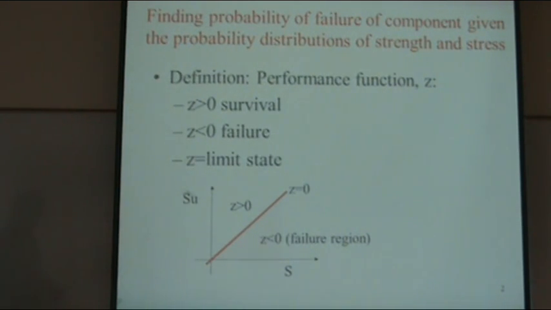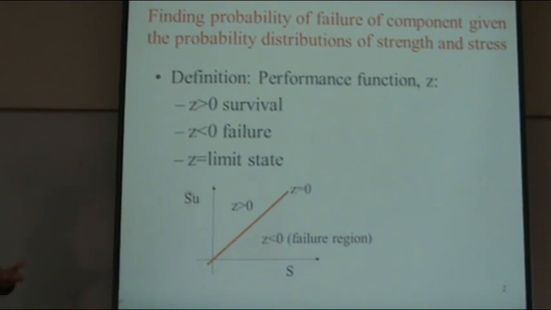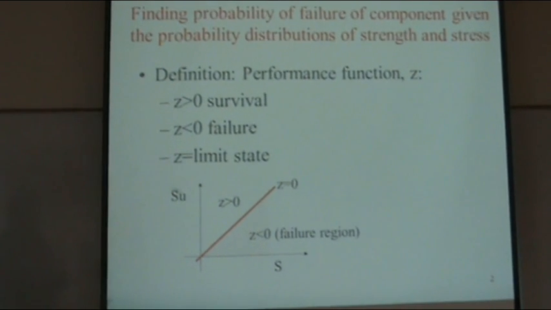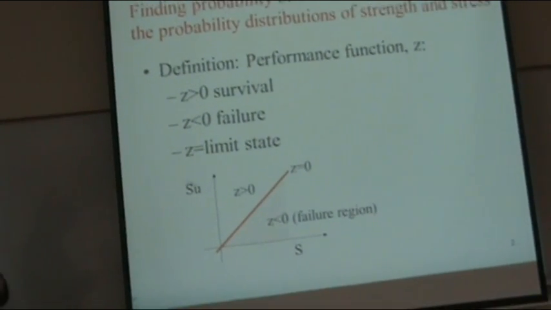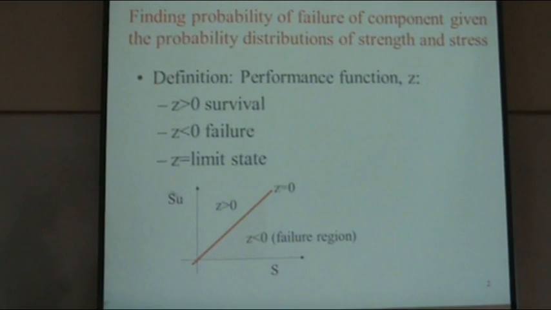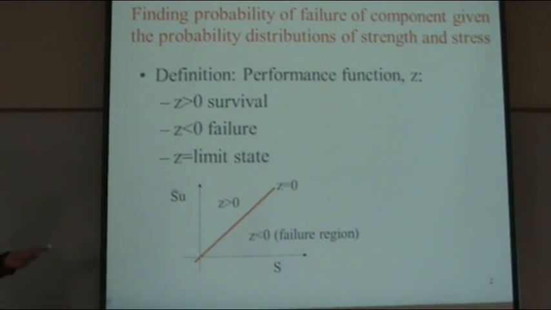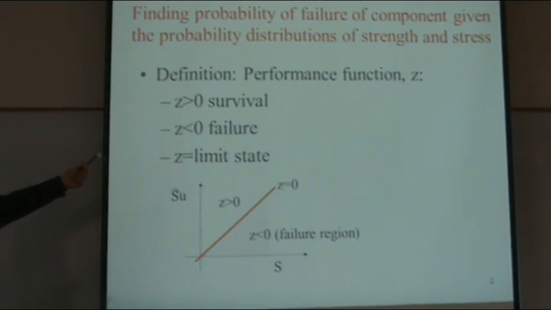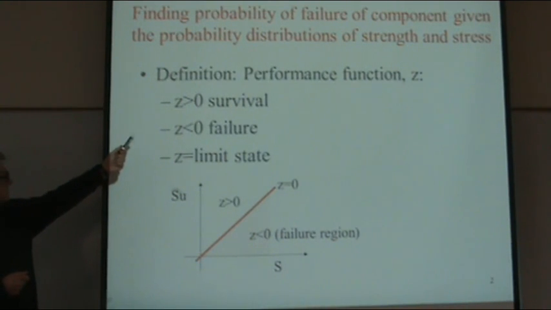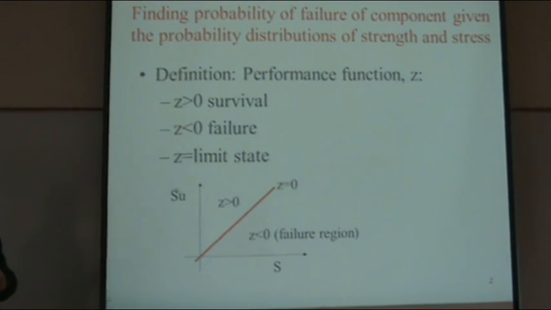Okay, again, we have a performance function that is a function of properties of the system: the load that is applied, the material properties, etc. And that function, if it is positive, means that the system survives.